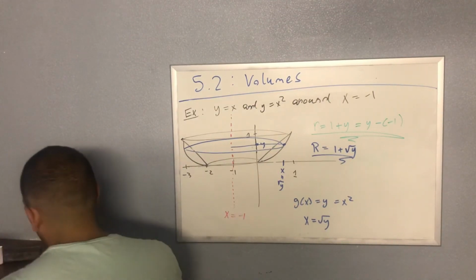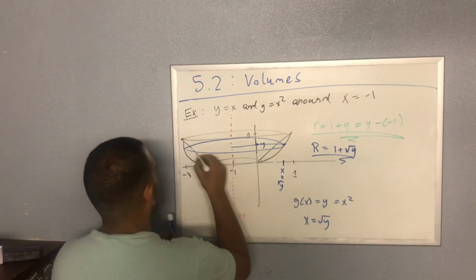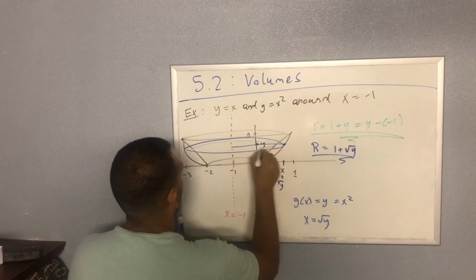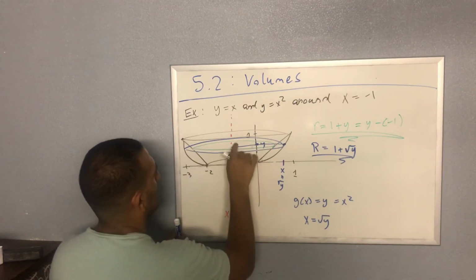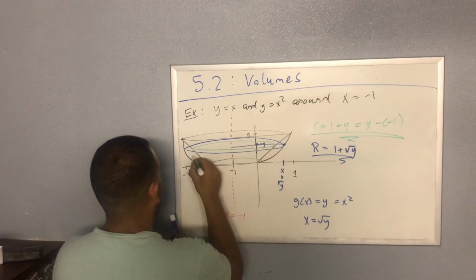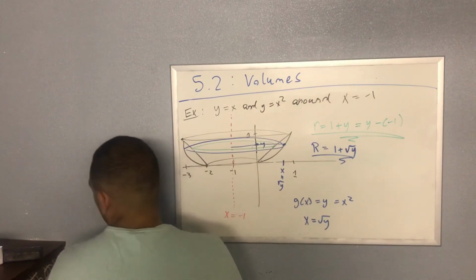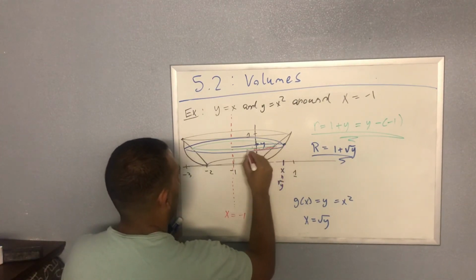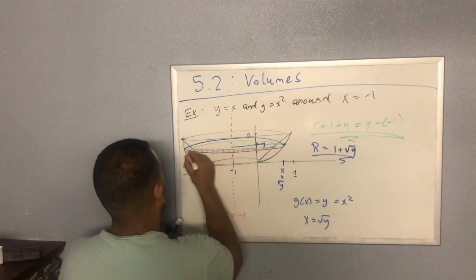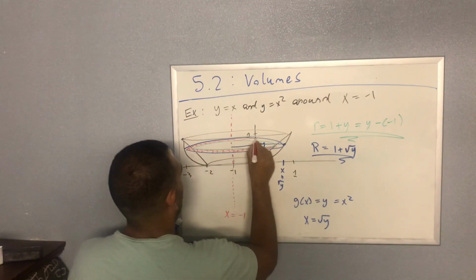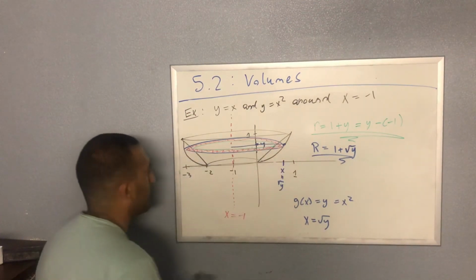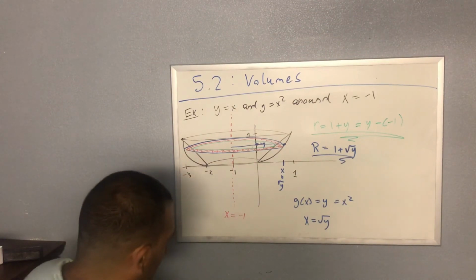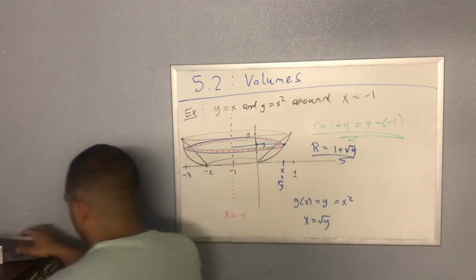So now our washer, like I was saying, is horizontal. See, the washer looks like this. So we only want to count this area in red. Okay, so how do we do that?